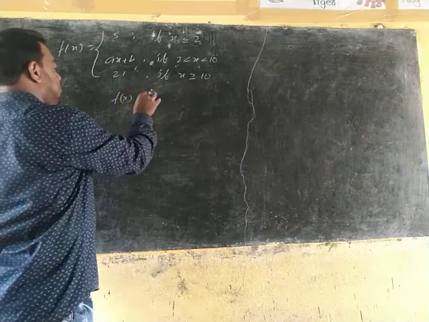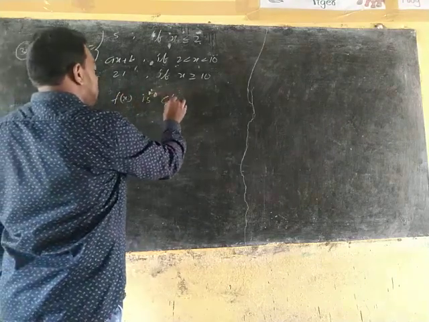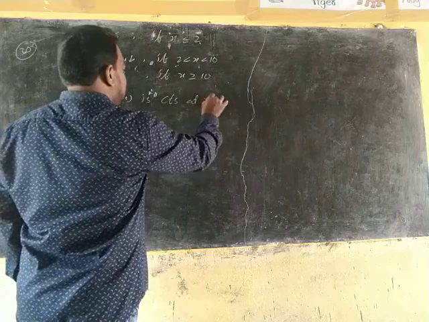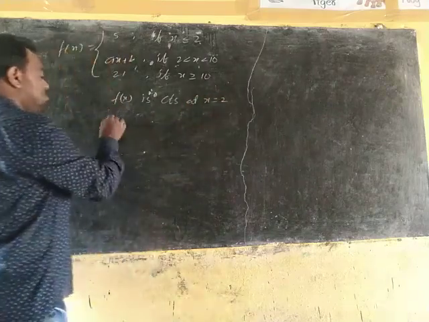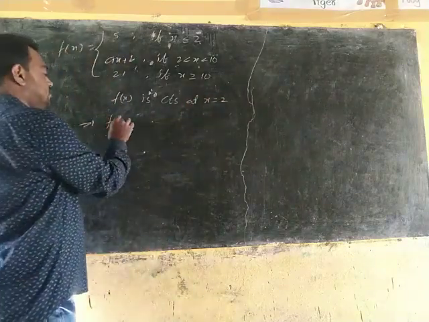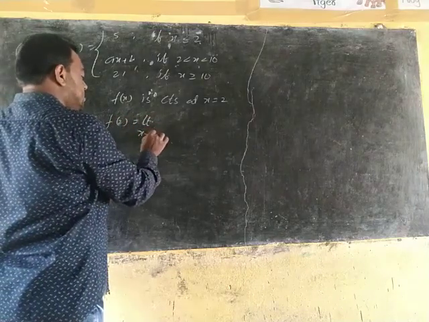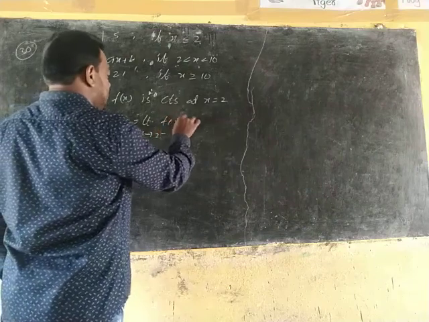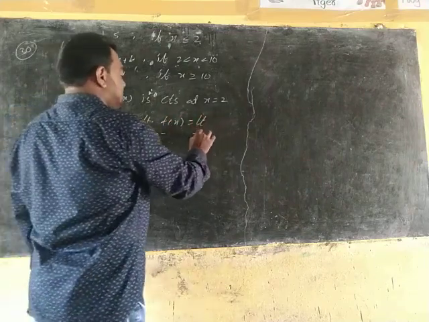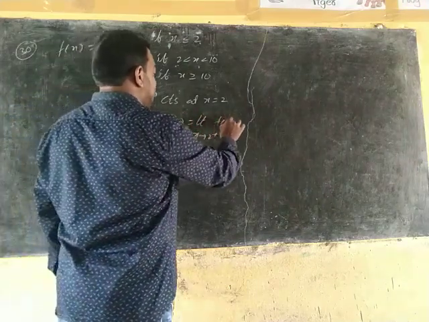So f of x is continuous at x equals 2. So by the definition of continuity, f of 2 equals limit x tends to 2 minus of f of x equals limit x tends to 2 plus of f of x.